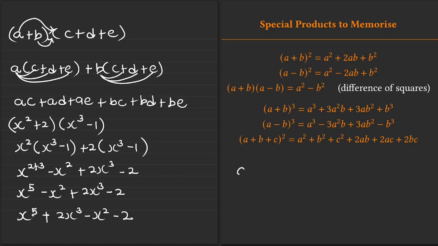If you have a minus b all raised to the power 2, you could also use Pascal's triangle. Or you can simply say it is equal to a squared, then 2 times a times negative b, that gives us negative 2ab, then negative b squared, giving us a plus b squared.